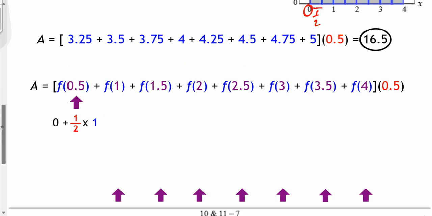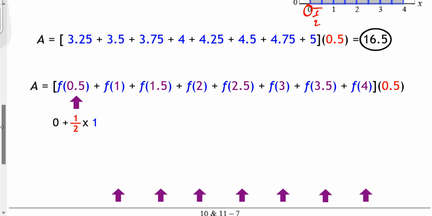So where does this 1 come from? Talk to your neighbor. What's the calculation that we're doing to get that 1? Anybody?